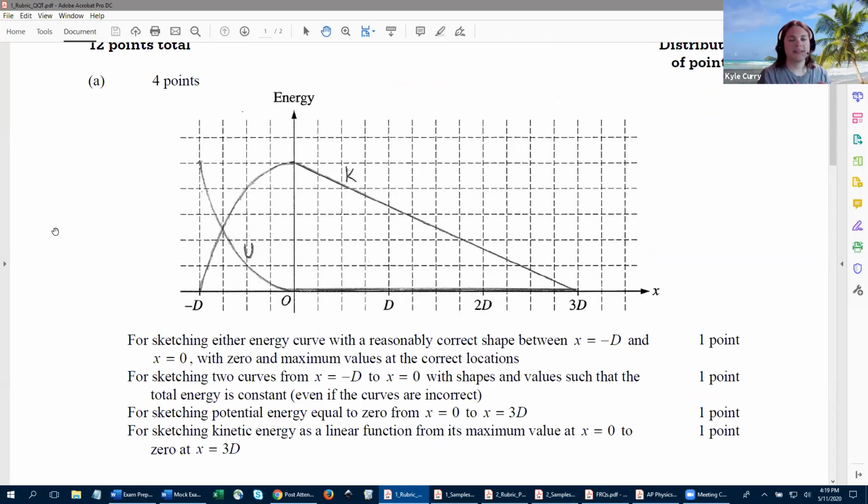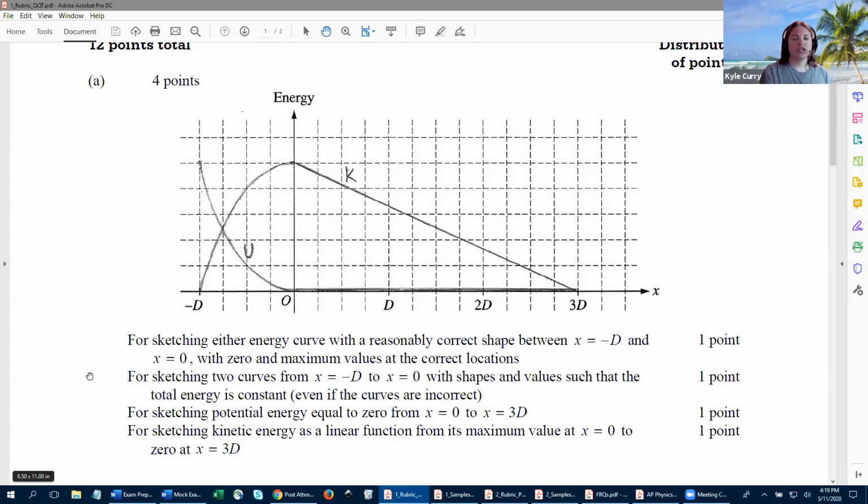You don't have to sketch both curves. You just need to sketch either kinetic energy or potential energy of the mass-spring system, and that's going to be 1 point.